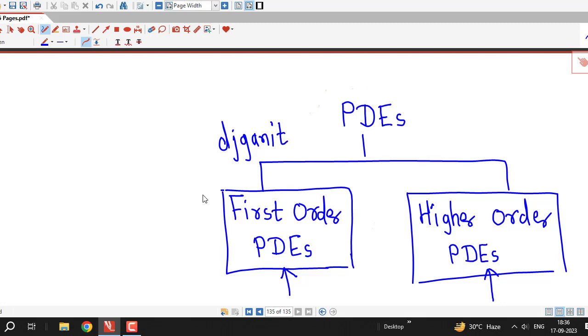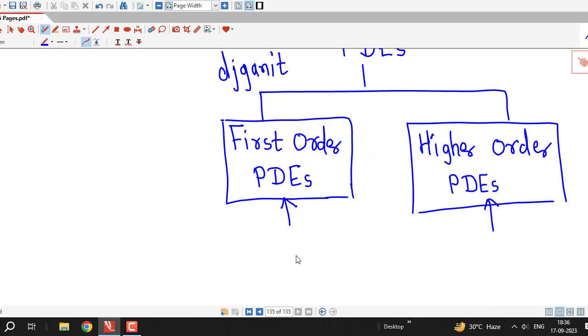In first order partial differential equations, we have seen linear as well as non-linear partial differential equations. We have discussed the methods for solving linear first order PDE as well as non-linear first order PDEs.